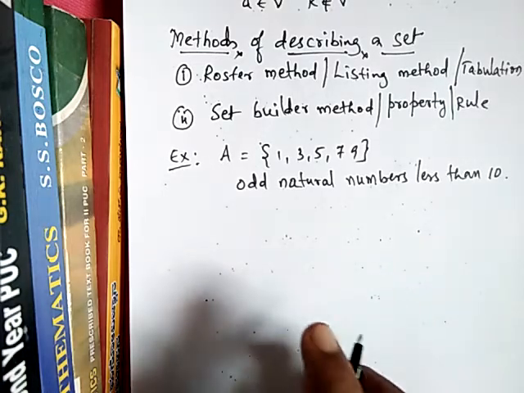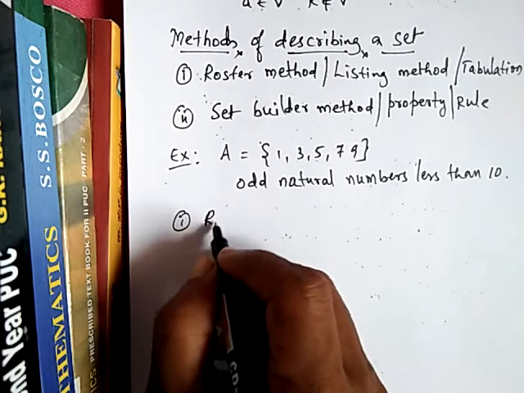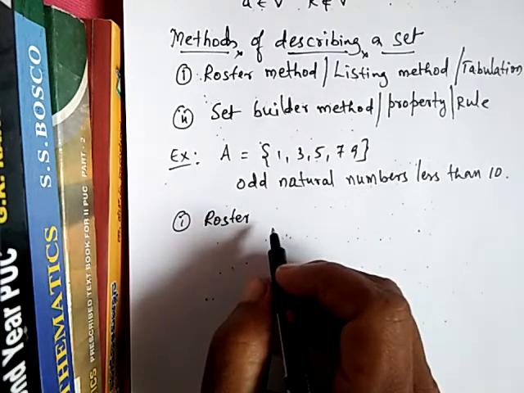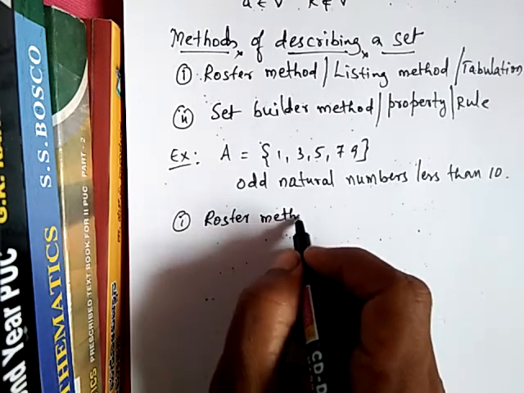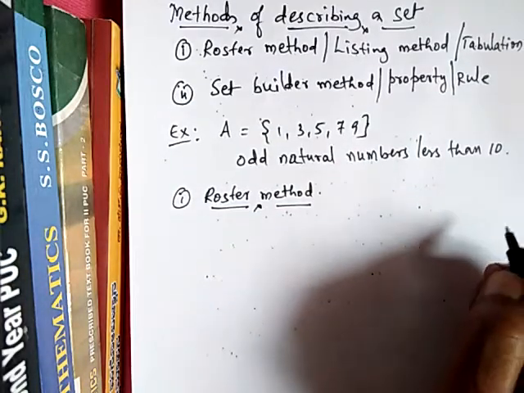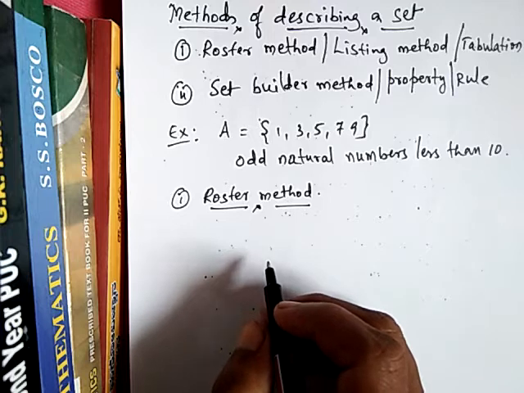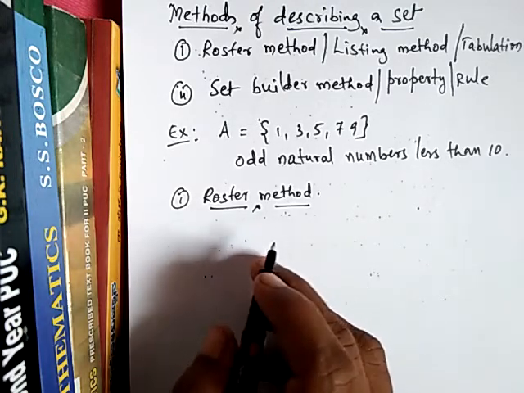So first one we will go through here, the roster method. Which method is it? The roster method, or it can be known as listing method or tabulation. First we will say what it means. A roster method means, in this method a set is described by listing all its elements, separating them by commas and enclosing them within braces.